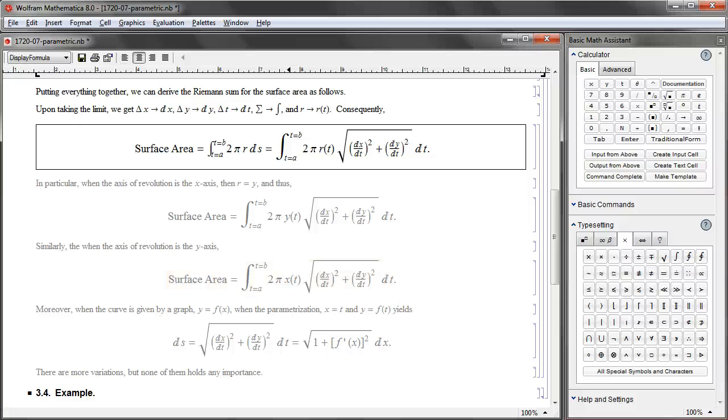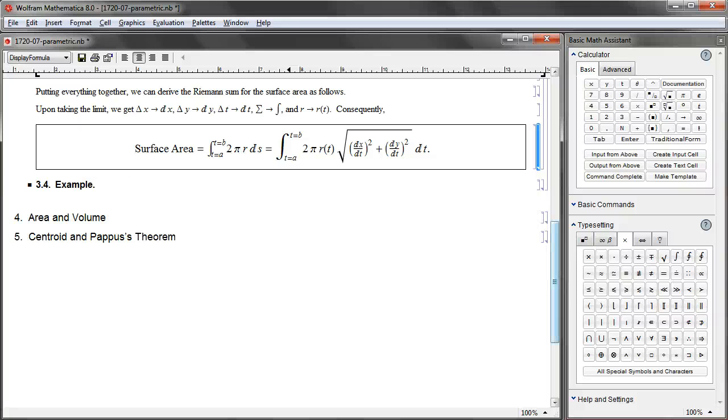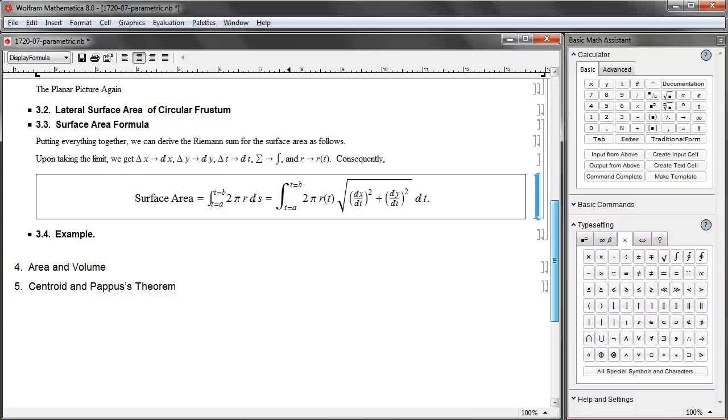And of course, you can add or subtract some numbers when the axis of rotation is a vertical or horizontal line. If it is tilted in general, that's going to be a little bit more difficult.